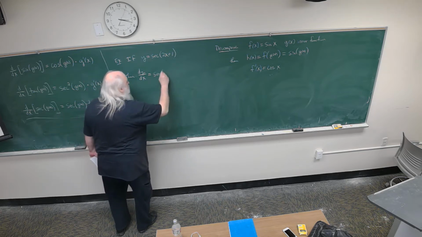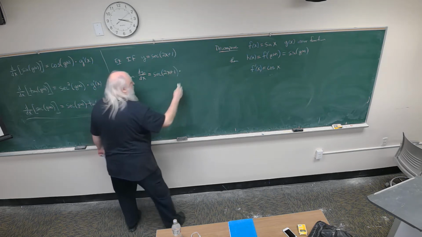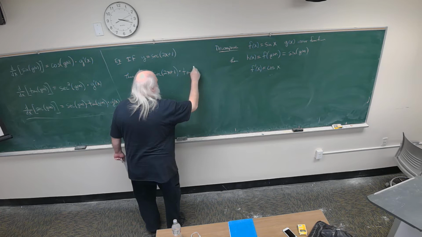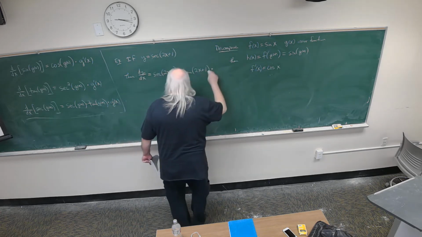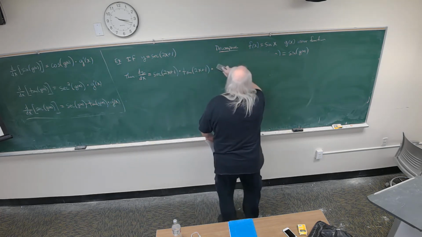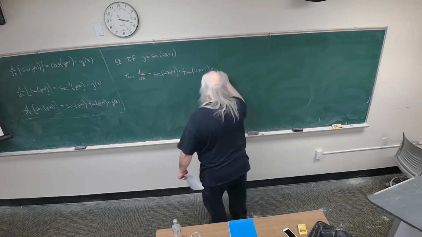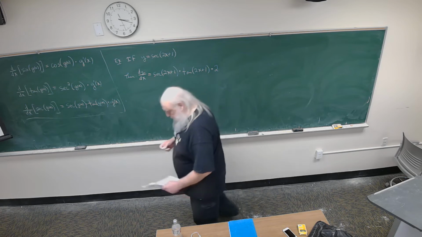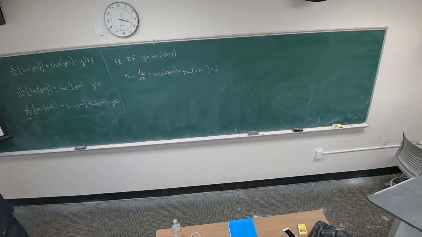So we have the secant of 2x plus 1 times the tangent of 2x plus 1 times the derivative of the inner function. The inner function is 2x plus 1, so the derivative of 2x plus 1 with respect to x is just 2. All right, any questions on that?